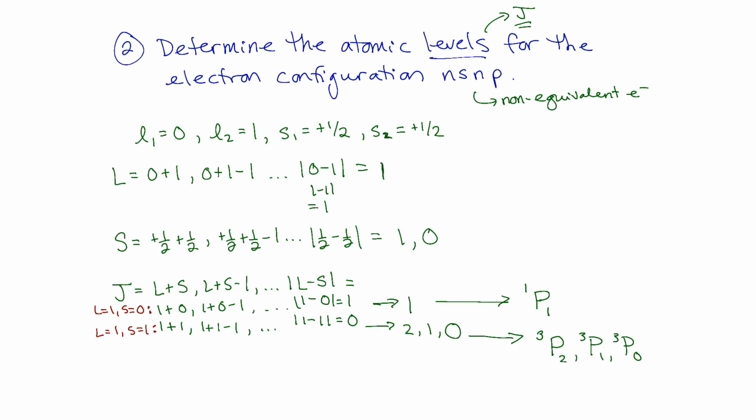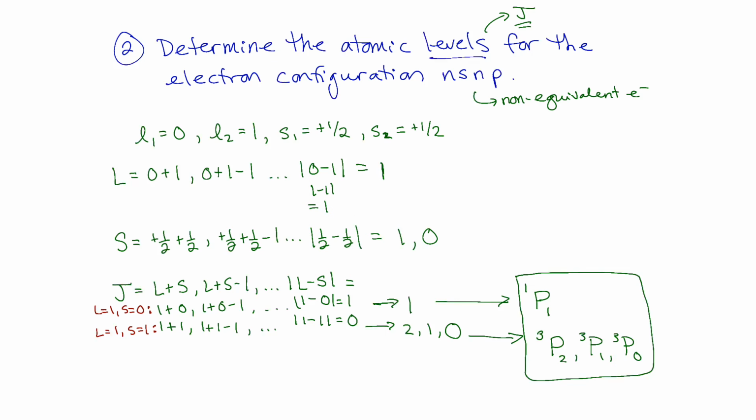So when all is said and done, we end up with 4 possible term levels for the ns-np electron configuration. Again, just a couple things to look out for in problems like this. Pay attention to where your series is truncating.